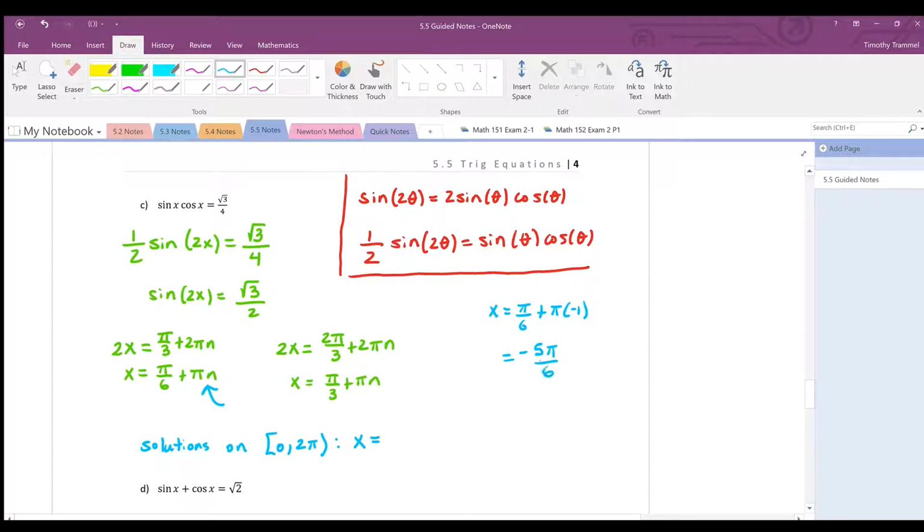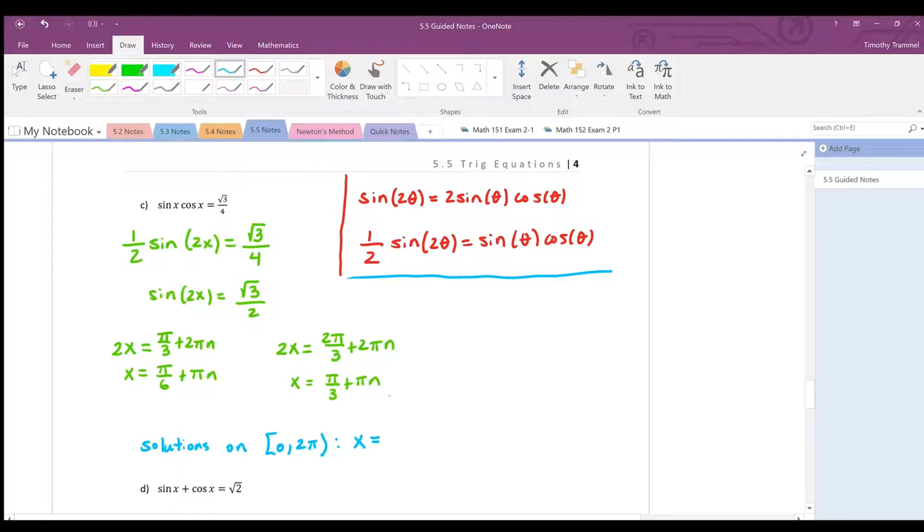Point is, it's less than 0. And we'll have a similar thing happen if we use the formula that we have here on the right. If we were to plug in n equals -1, we would also get a negative number, which is not between 0 and 2 pi. So we don't want to plug in any negative numbers for n.